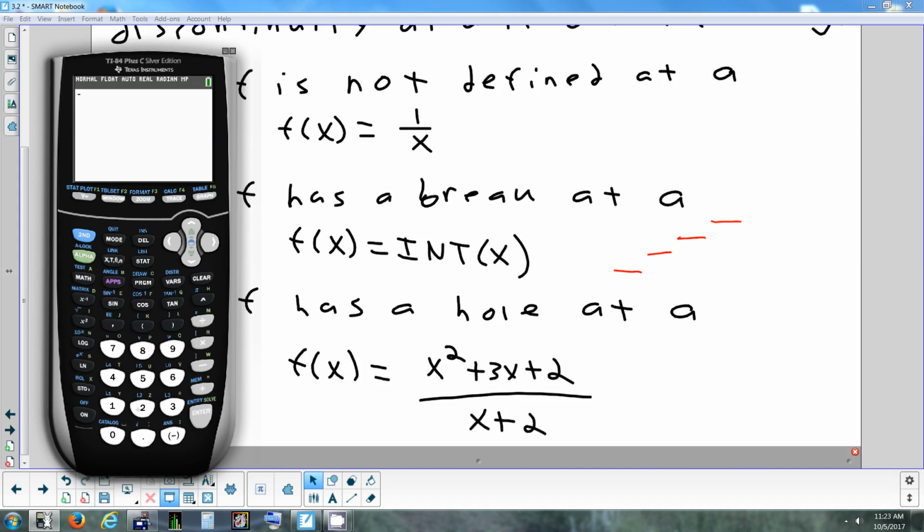If you try to go to -2 on your graph, it's like if I trace and then type in -2, for the y value, it doesn't put a number because there isn't one. It's an error. If I go just after negative 2, like negative 2.00001, that's fine.